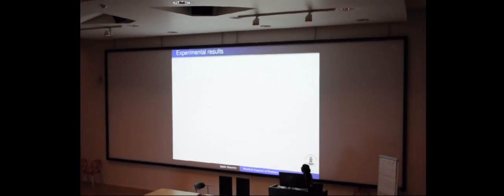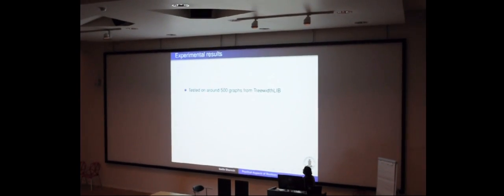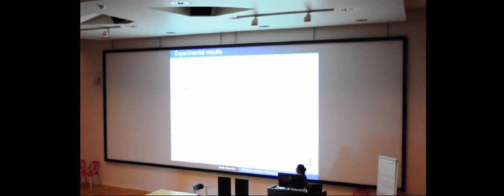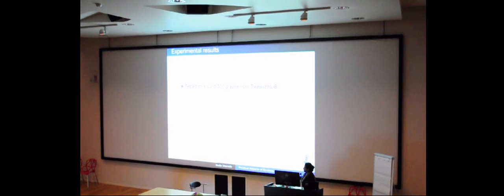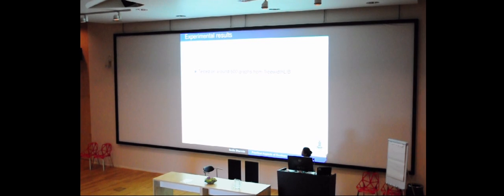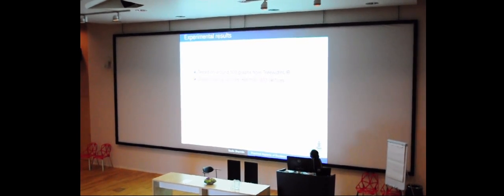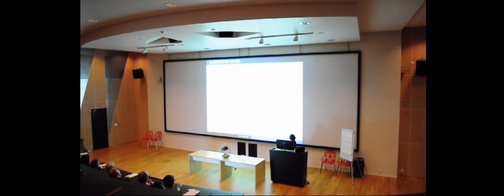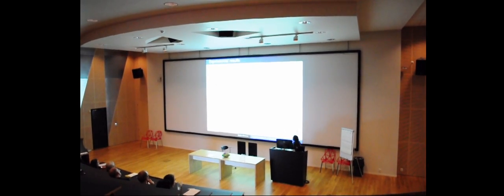So this approach was tested experimentally. We tested on 500 plus graph libraries, because our goal was to check how this Boolean width upper bound from this decomposition compared with this upper bound. And then we tested on graphs having fewer than 300 vertices.